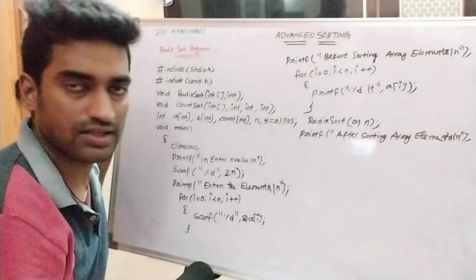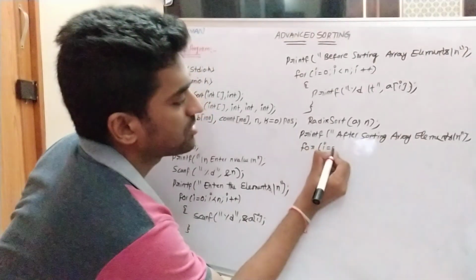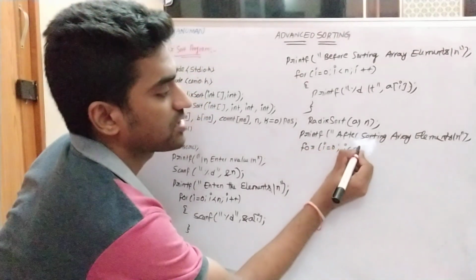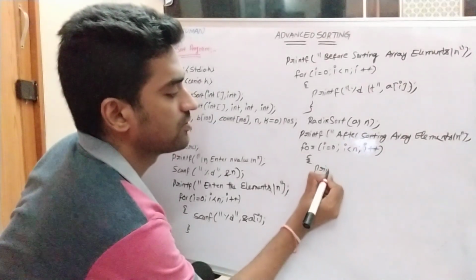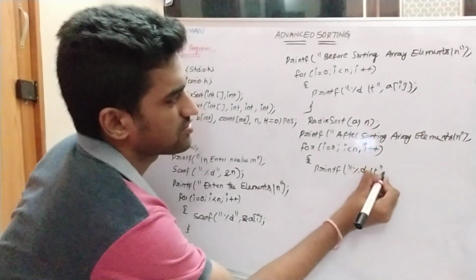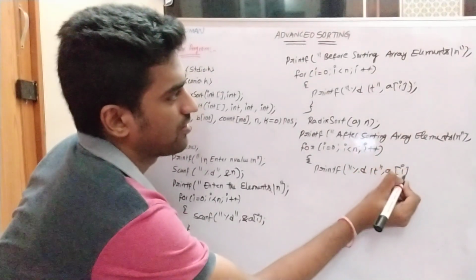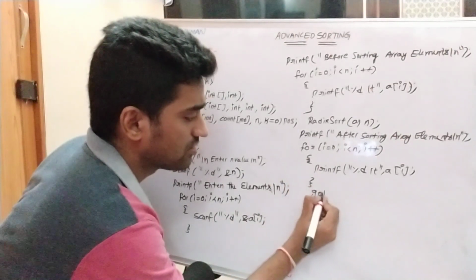The same operation is performed repeatedly, so for that purpose I am taking the same loop. So printf %d, all are integer values. Right. Fine. Then we are writing getch.